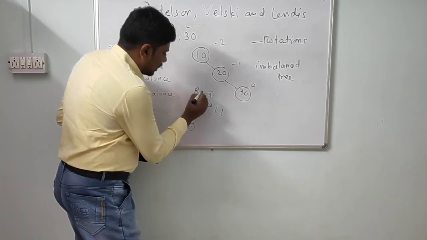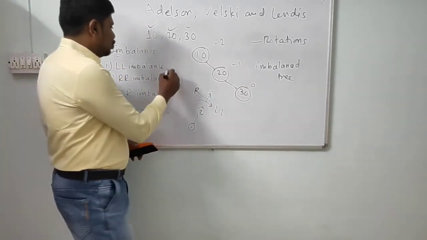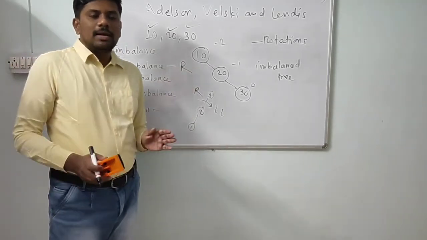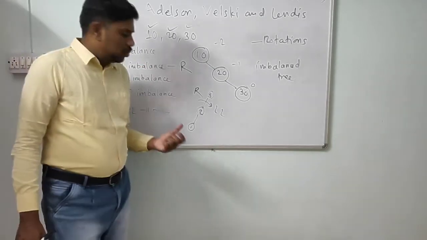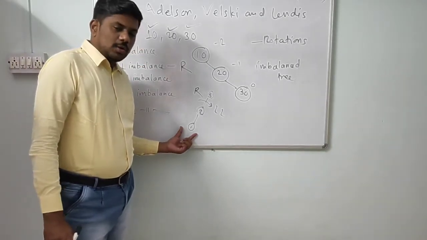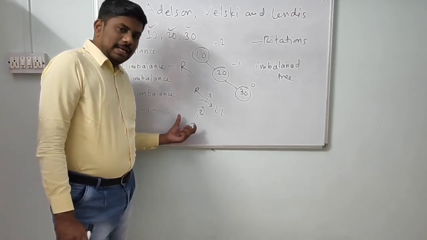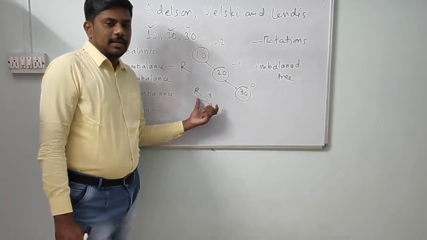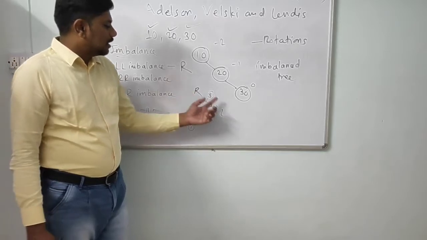You should do right rotation. LL imbalance occurs due to insertion of a new node at the left side of the left subtree. In that case, to make it balanced, you should perform the right rotation.